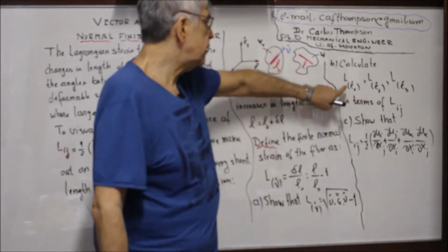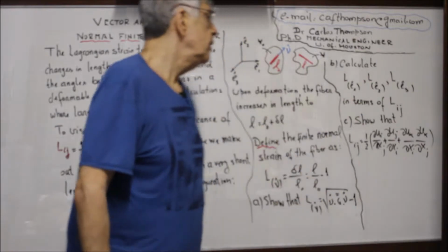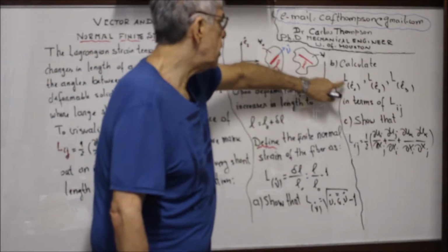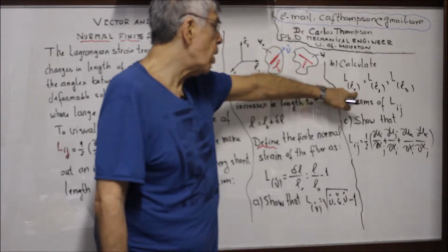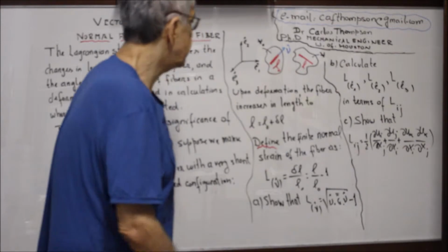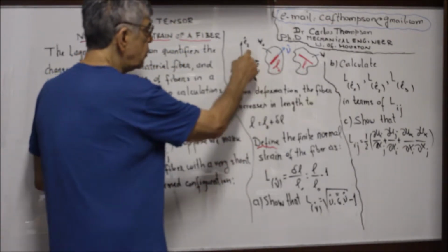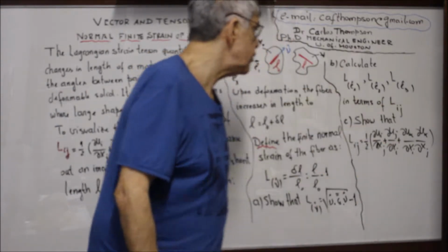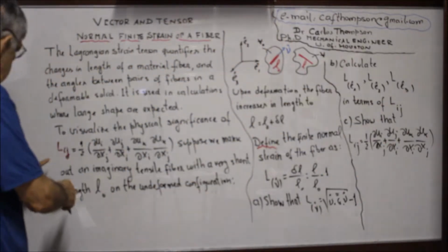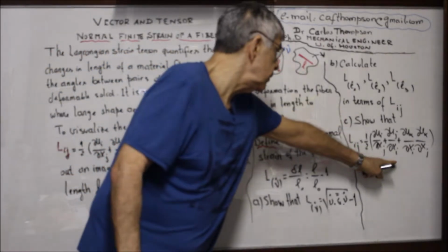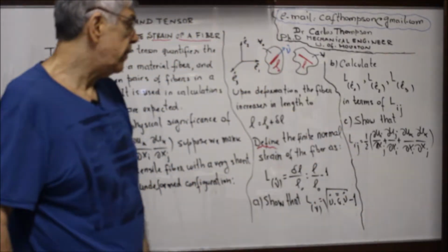B, calculate the normal strain in the direction of E1, in the direction of E2, and in the direction of E3. You see this E1, E2, and E3, in terms of Lij, where Lij is the equality written down there.